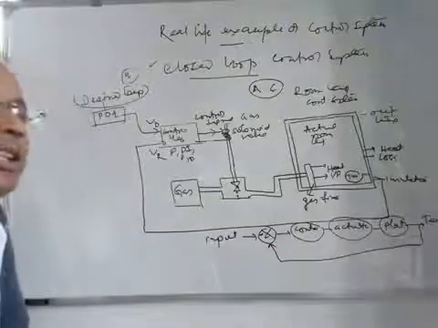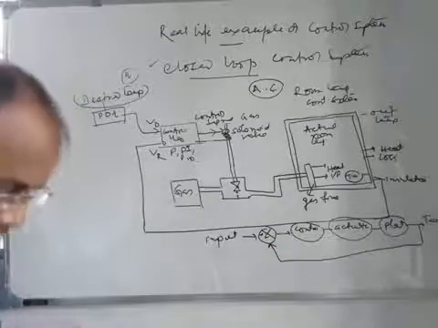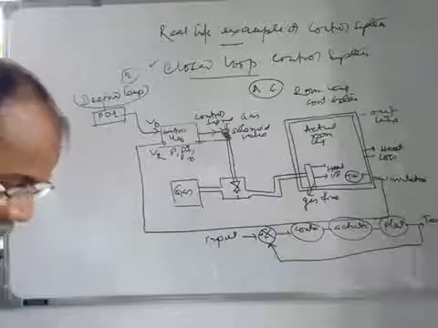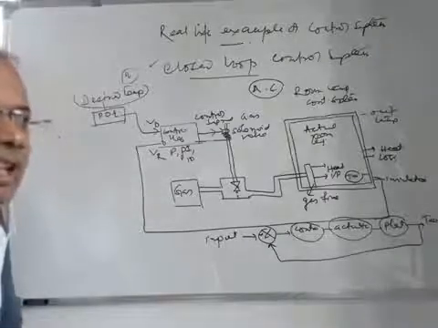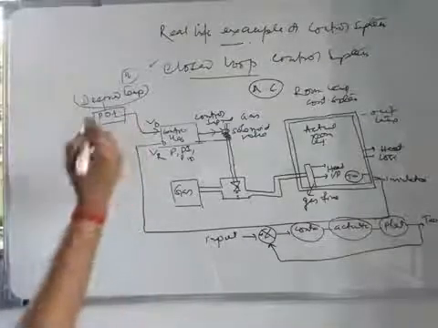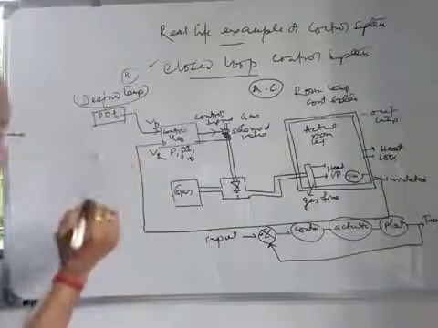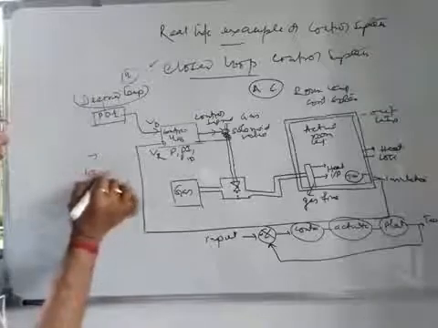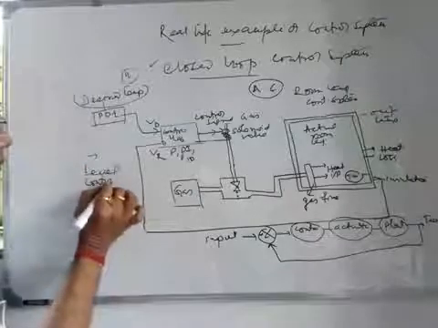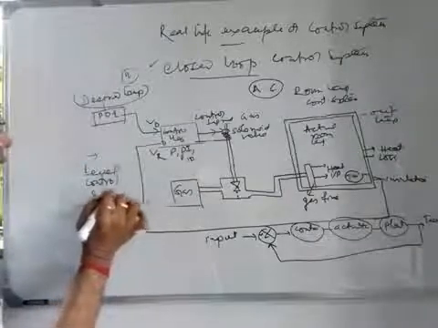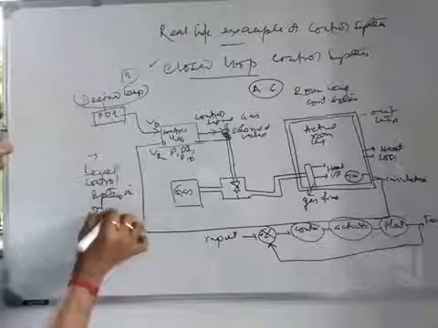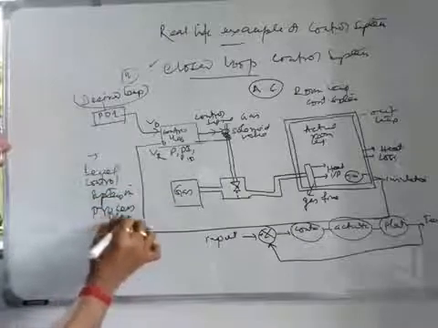And there are control systems in the process industry. We get the level controller. As an assignment, I can give you another closed loop control system, that is the level control system in a process plant.